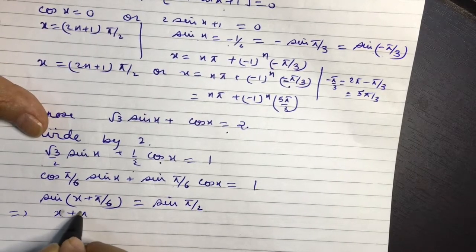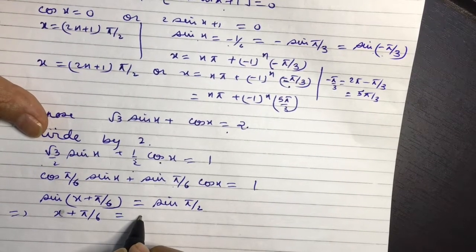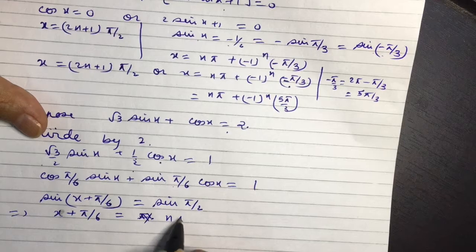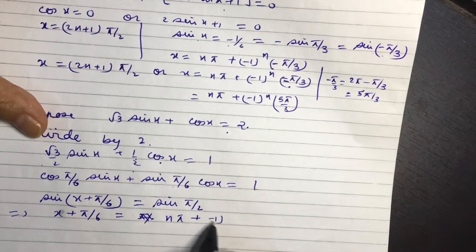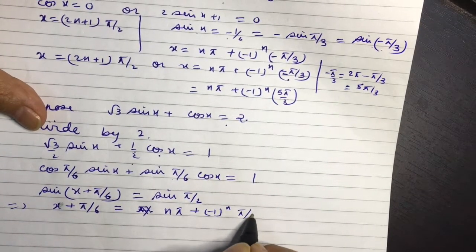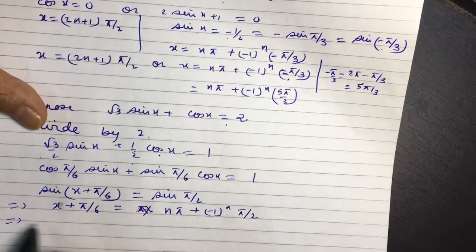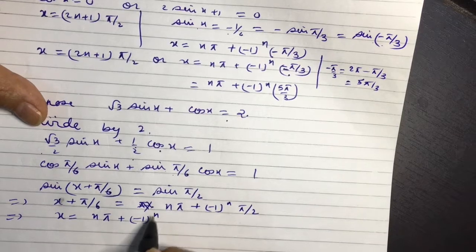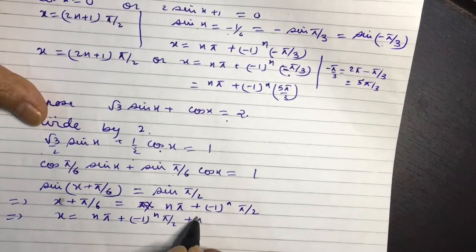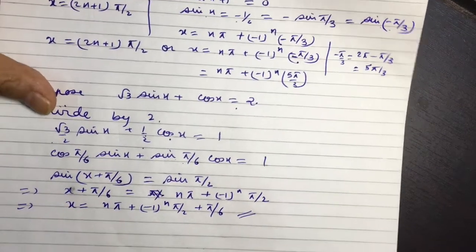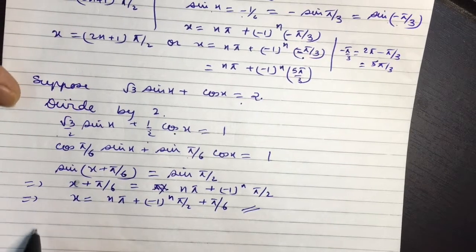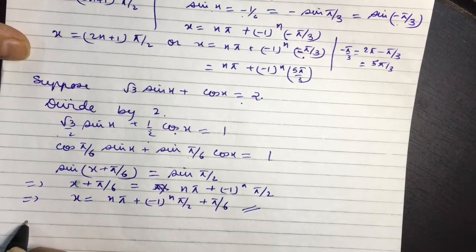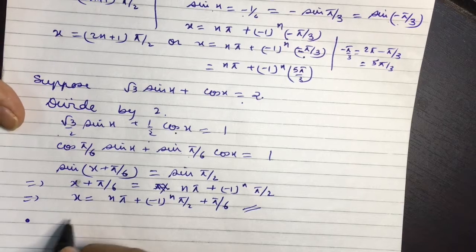It comes out to be x plus pi by 6 equal to, now we'll write it in the general form as n pi plus minus 1 raised to the power n times pi by 2, and so I get x equal to n pi plus minus 1 raised to n times pi by 2 minus pi by 6 as the answer.